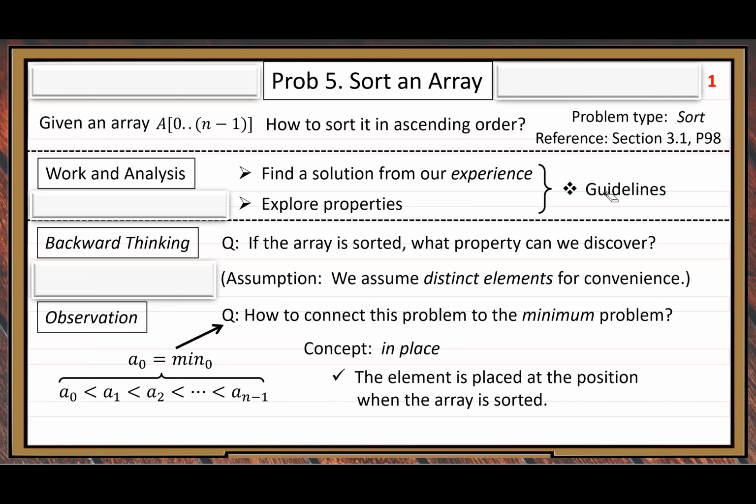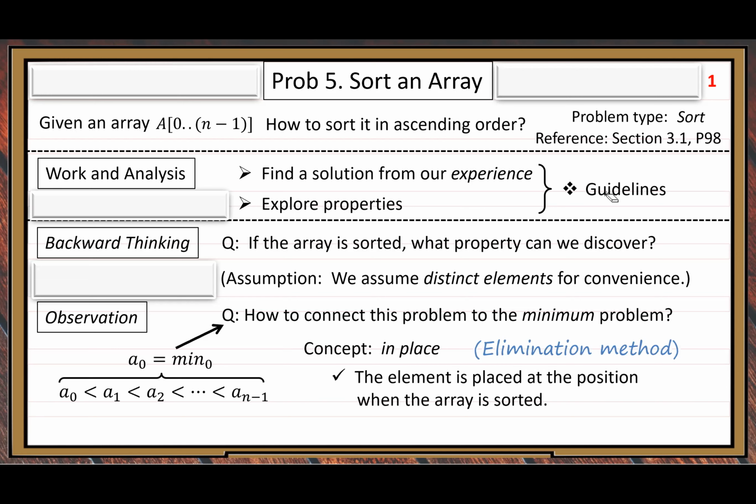Then you can understand why we call the sorting algorithm selection sort, because the main operation we apply here is the selection problem. The minimum problem is a special selection problem. So the solution of this sort is based on a solution of this special selection problem. So we call it selection sort.